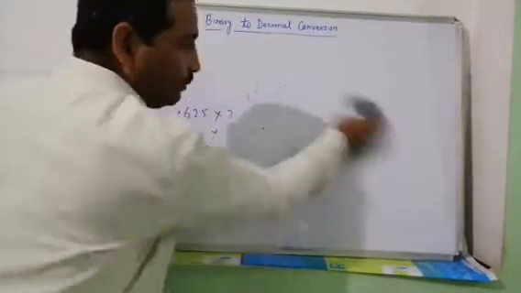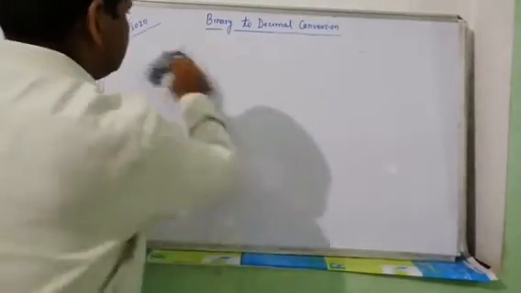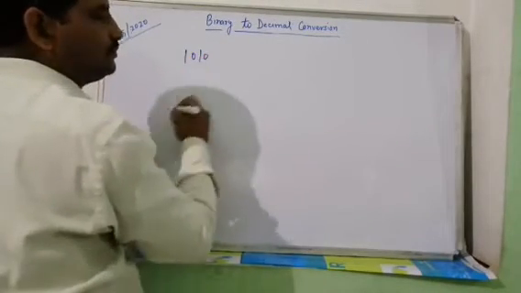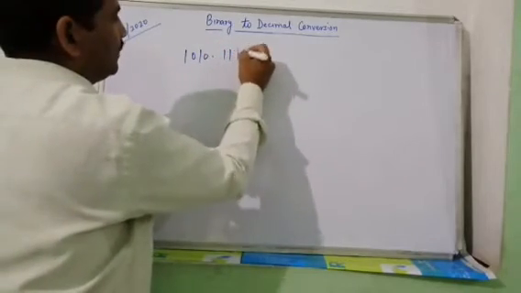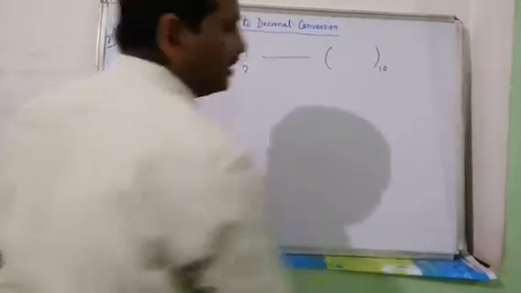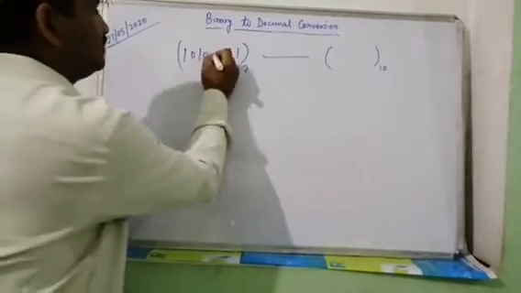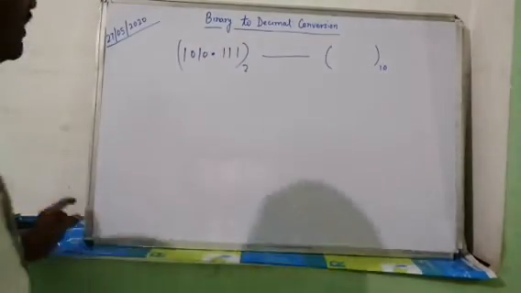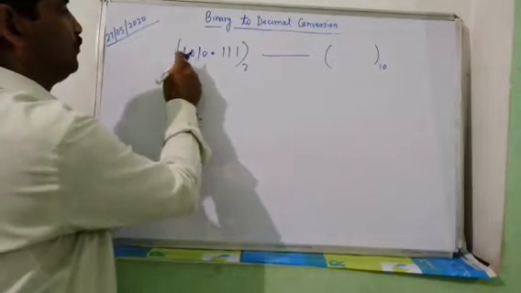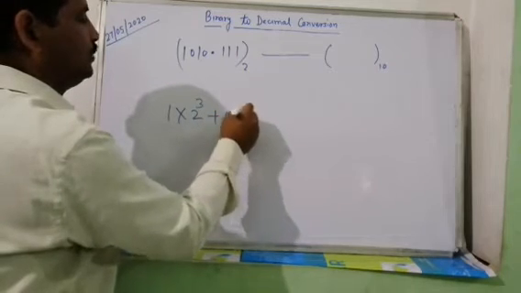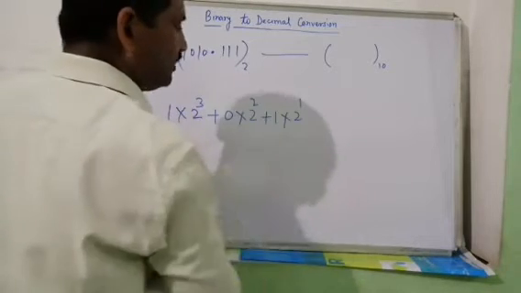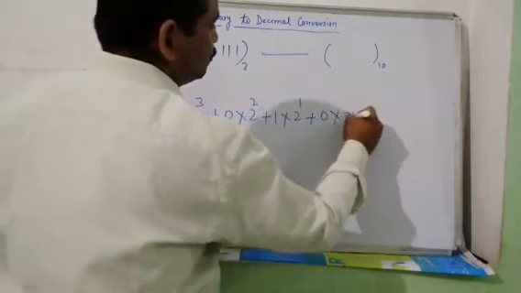Binary fraction to decimal. Suppose this is the number 1010.111 to decimal. So for the part written before the decimal point, we have to write 1 into 2 to the power 3 plus 0 into 2 to the power 2 plus 1 into 2 to the power 1 plus 0 into 2 to the power 0.